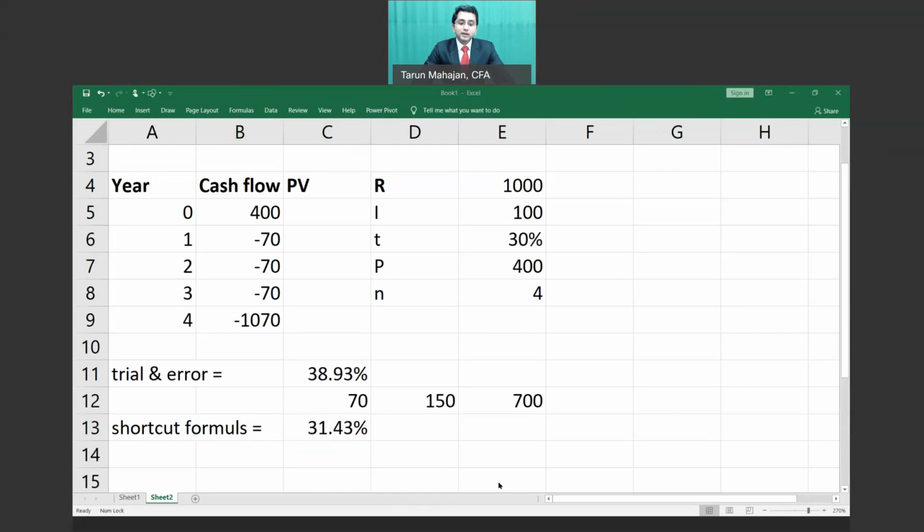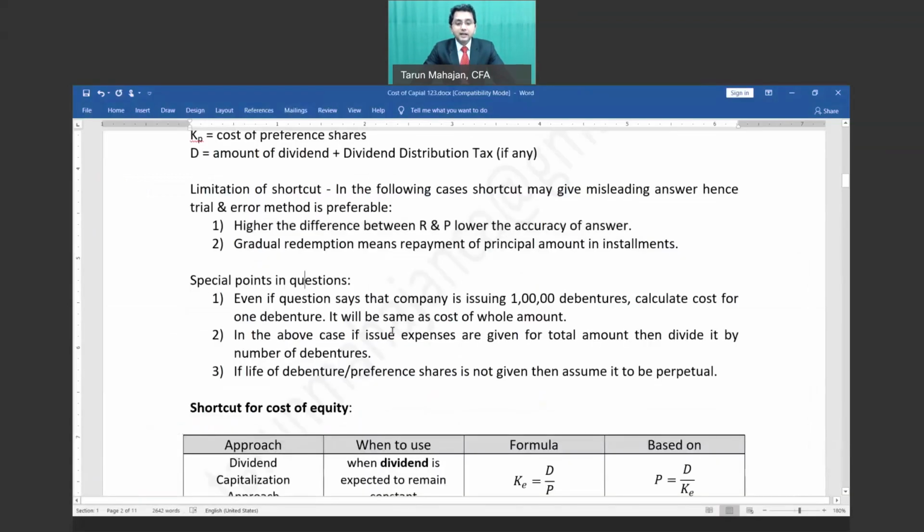So moral of the story is, in that case, one should avoid the shortcut formula if there is a huge difference between R and P, and rather solve the question with trial and error method. Also, in case of gradual redemption of debenture, like the 1,000 rupees debenture, principal amount repaid will be 250 rupees each year, and coupon will be paid on the outstanding balance.